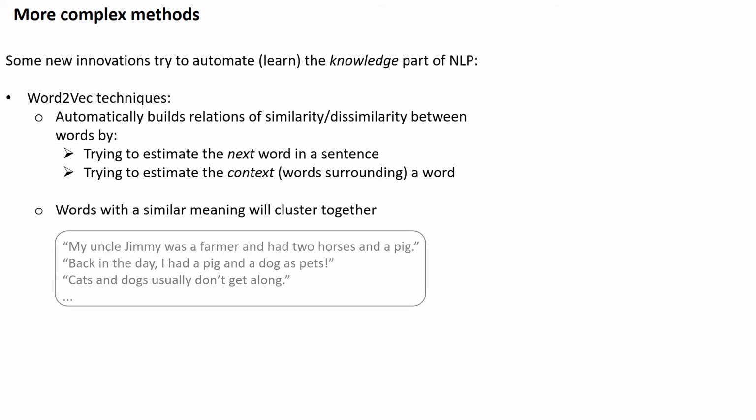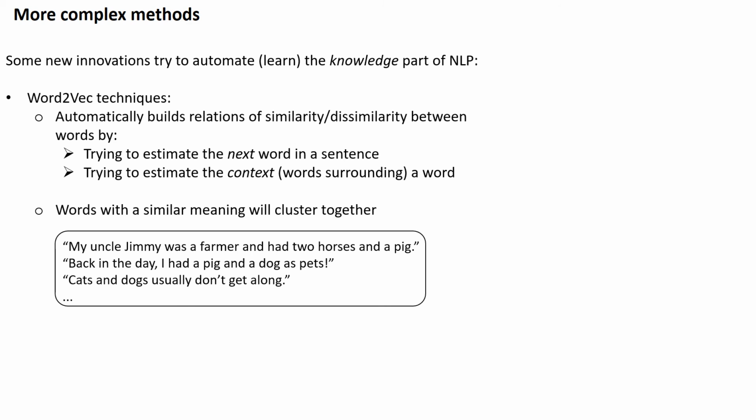Okay. Here's another example. We have three example sentences here, and they all talk about animals. Example 1: my Uncle Jimmy was a farmer and had 2 horses and a pig. Example 2: back in the day I had a pig and a dog as pets. And example 3: cats and dogs usually don't get along.